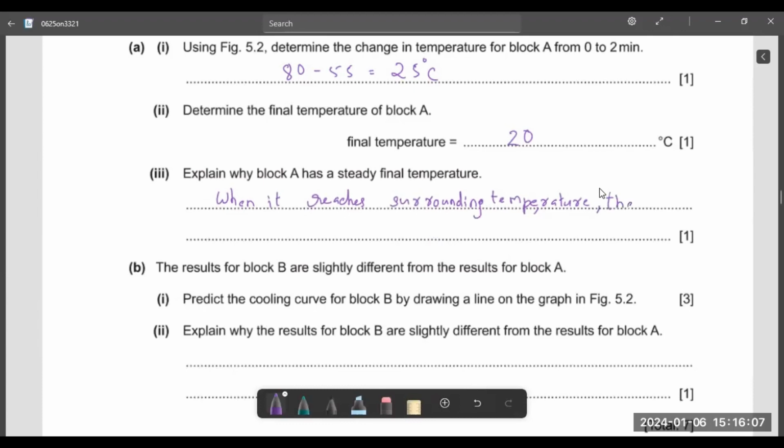There will not be any further change, or any energy transfer.